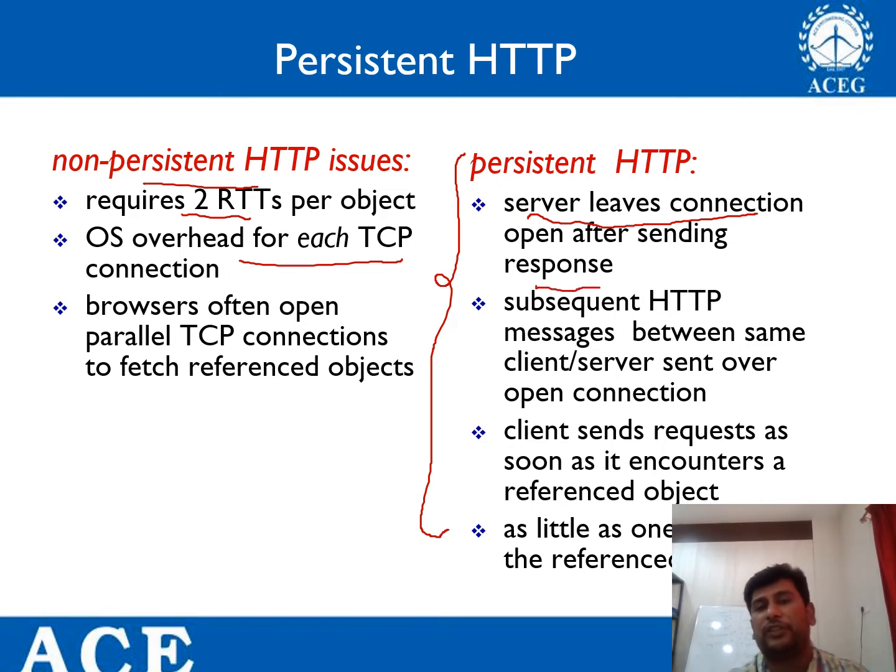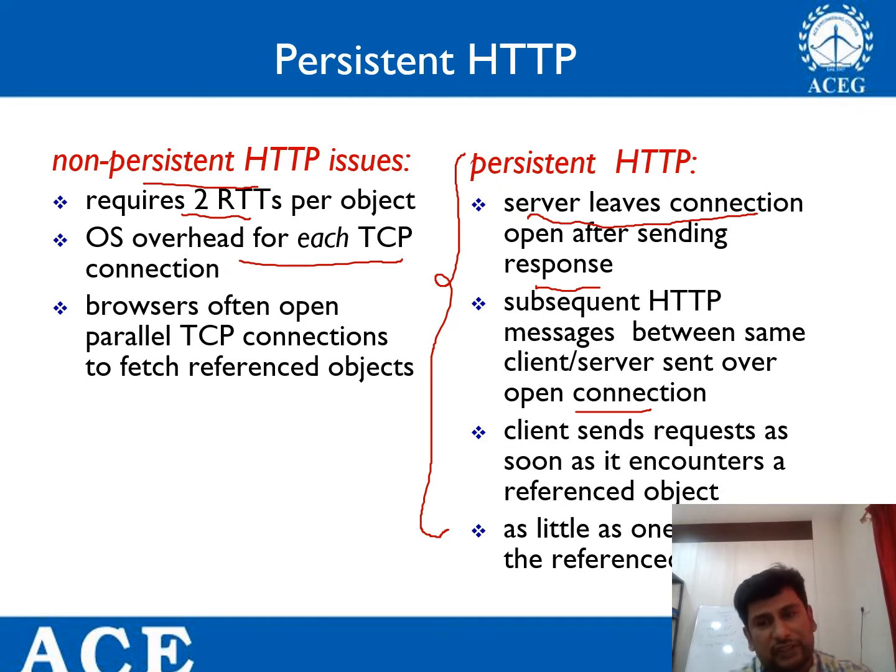Because this connection is still active, once the HTTP client wants subsequent objects, it can send requests between the client and the server over the same open connection. So here there is no separate TCP connection establishment again for the next objects.